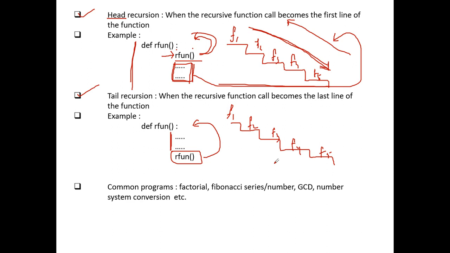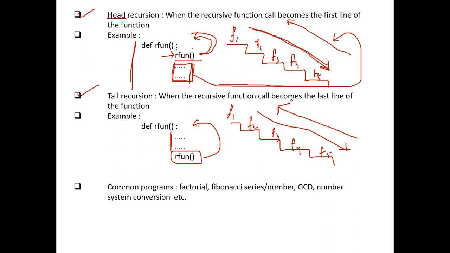The second time when you call the same function, I am calling it f2. Don't think that f1, f2, f3 are different functions. No, not like that. These are different instances of the same function. So here, in this staircase, you can go downward.